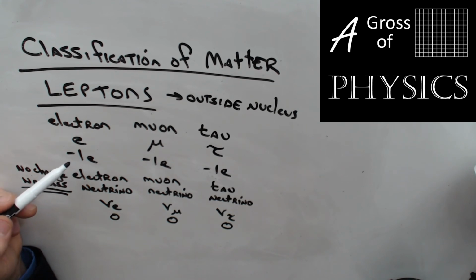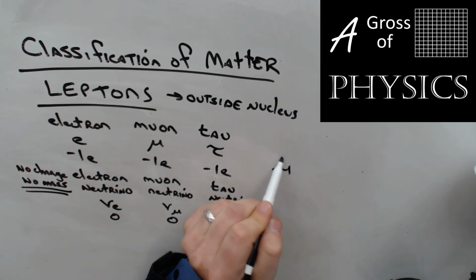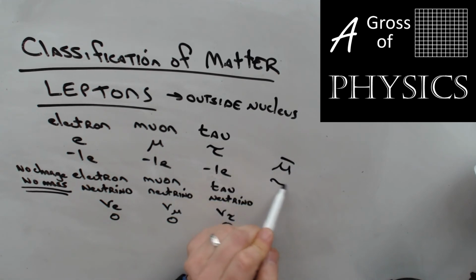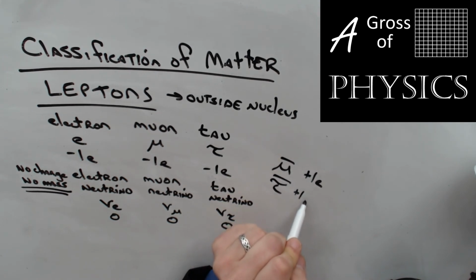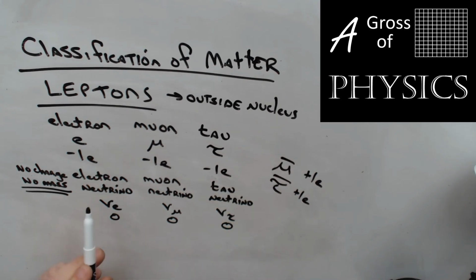For modern physics questions on a state assessment, they may give you an anti-muon or an anti-tau with a bar over it, meaning it has a +1 elementary charge. We can even have an anti-electron, which we call a positron, and that has a +1 charge as well. The anti-neutrinos, though, still have no charge because the opposite of 0 is still 0.